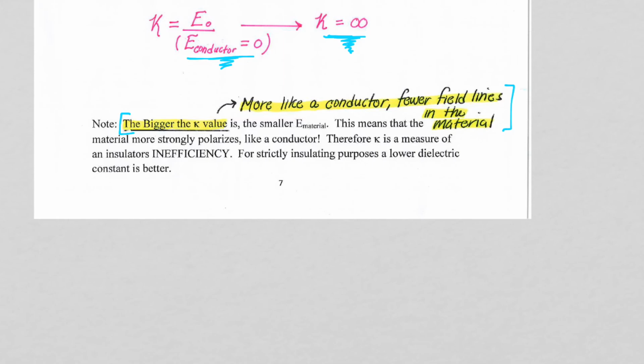Therefore, kappa is really a measure of an insulator's inefficiency. So the more conducting it is, the more inefficient it is as an insulator. And we will certainly be using kappa more in the future, and talking about the insulating properties and how dielectrics are used in other electrical systems.